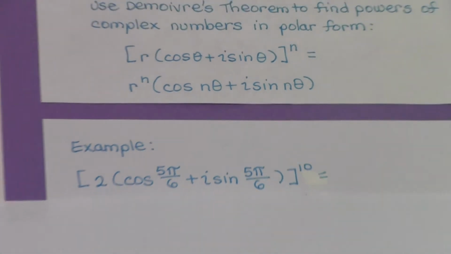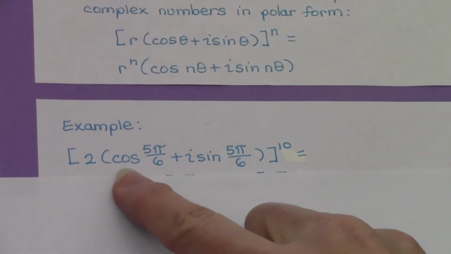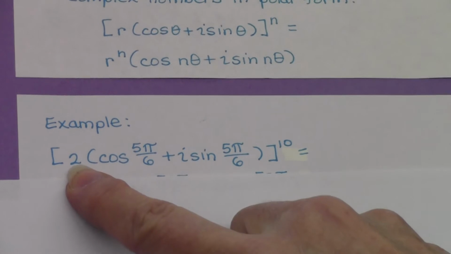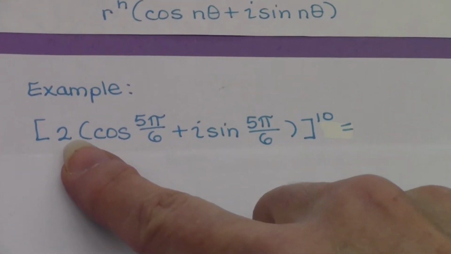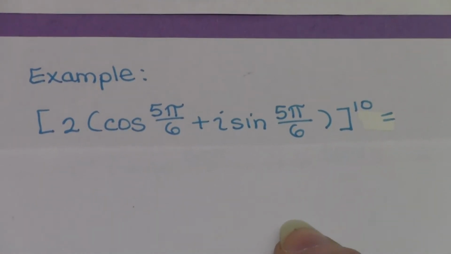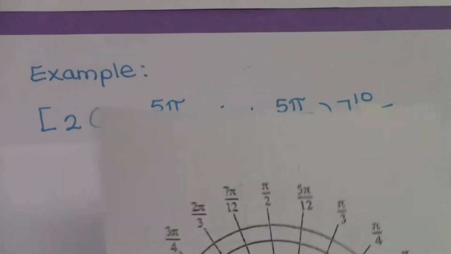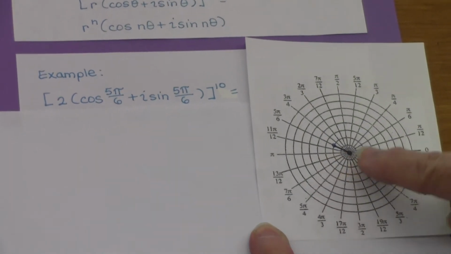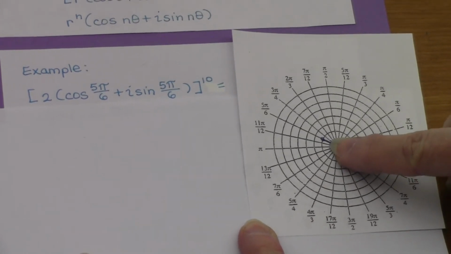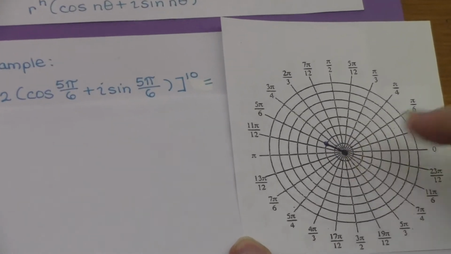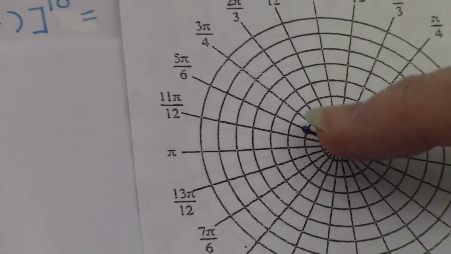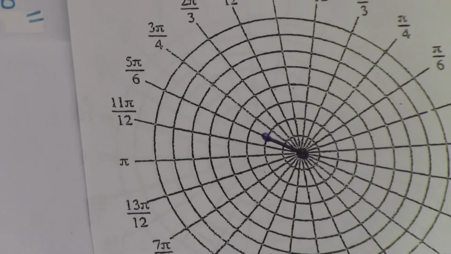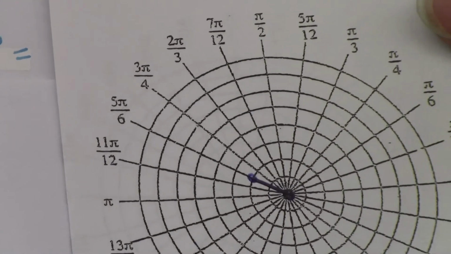I've picked a complex number in polar form with the r value of 2 and the direction of 5 pi over 6. If I'm going to graph it, it looks like this. It's 2 spaces out from the origin, and it's in a direction of 5 pi over 6. And I'm raising that to the 10th power.